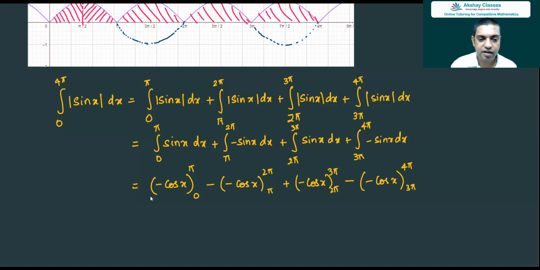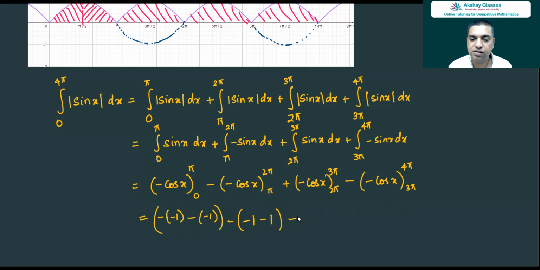So this way we get minus 1, minus of minus 1, minus of minus 1. So you get 2. Each time you substitute, you will get the value 2. So 2 plus 2 plus 2 plus 2 is 8. You will get the value as 8.